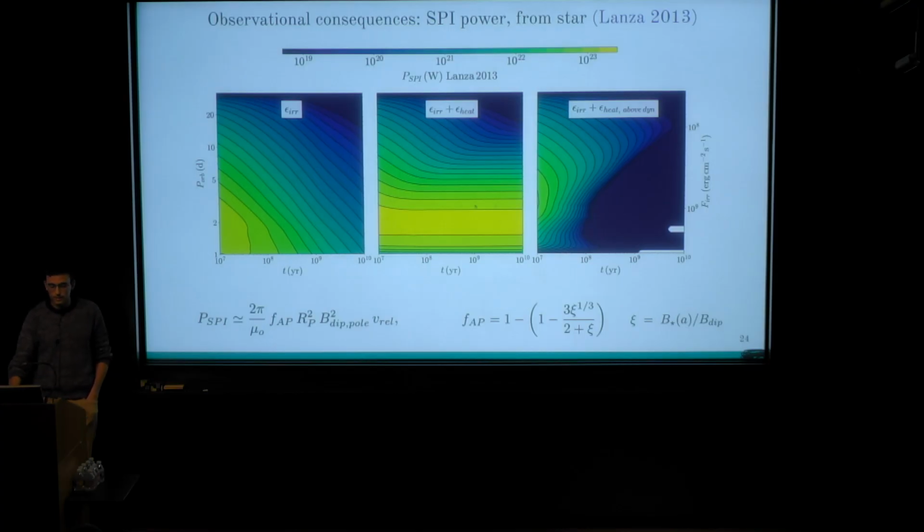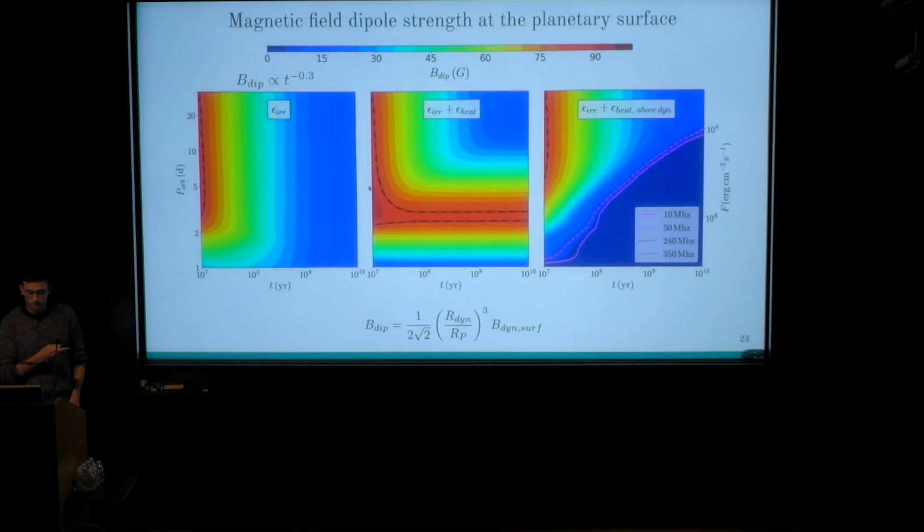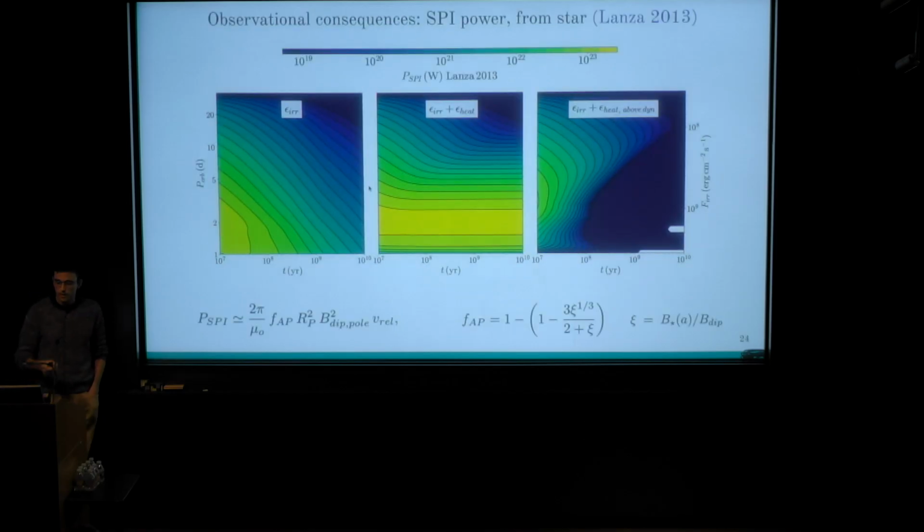But these are the predictions for these same models, and you can see that if this mechanism of external heating is true, you see a 10 to the 4 decrease in this SPI interaction. This SPI is only the 2 magnetic fields of the star and the planet dragging along each other, and they create some available power which might accelerate particles and might radiate energy.